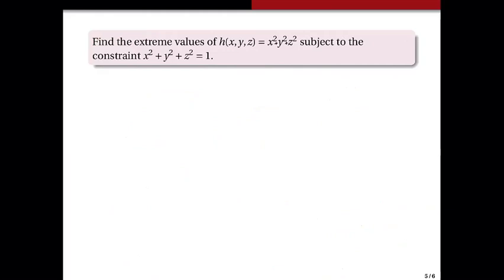Let me think about that. No, I think it's like that, x squared, y squared, z squared. And then the constraint is this guy here, x squared plus y squared plus z squared. So I think this one here is correct.